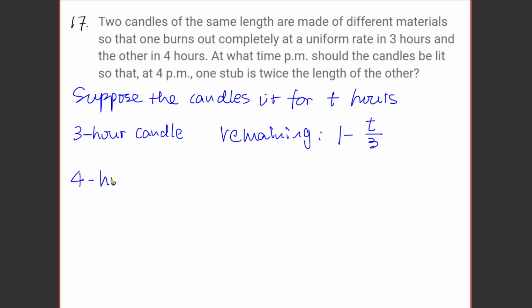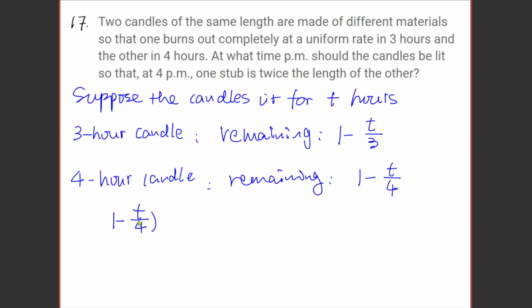For the 4-hour candle, similarly, the remaining part of it is 1 minus T over 4, right? And we know the second candle has twice as much left as the first, so we must have this relationship: 1 minus T over 4 should equal twice 1 minus T over 3, right?